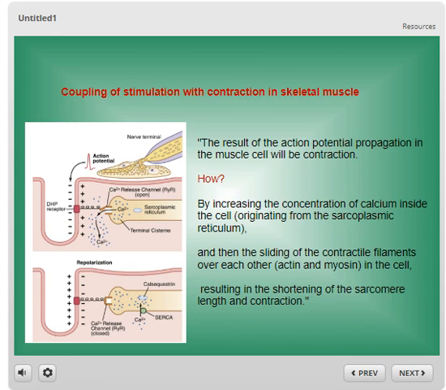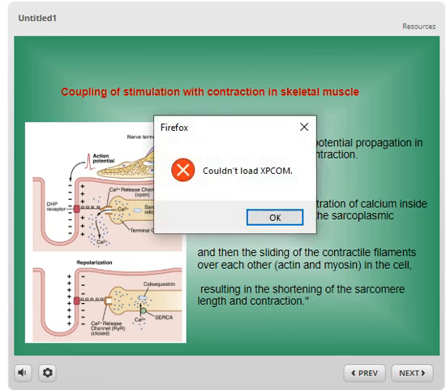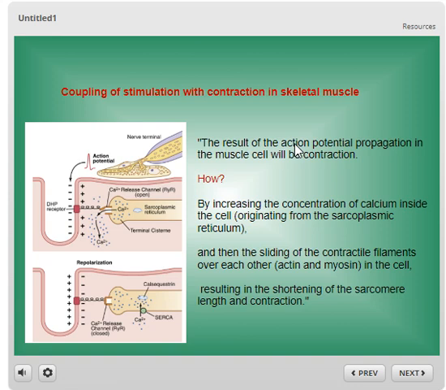This binding causes a conformational change in tropomyosin, another protein that blocks the binding site on actin, and with the binding sites exposed, the myosin head can attach to actin, forming a cross bridge.